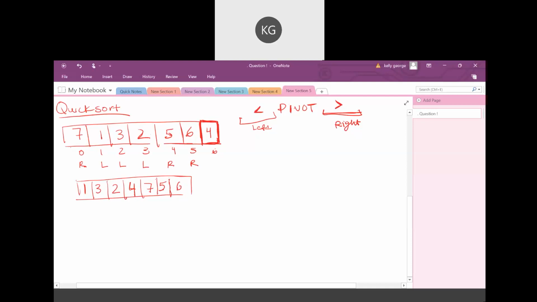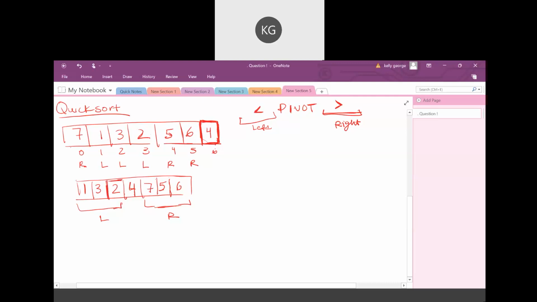And now what we can do is do the same thing again. Here we have the left side of our array and the right side of our array, based on where our pivot was before. Before we picked the end of the array, now our pivot will become the end of our subarray. So it's going to be the end of the left side.